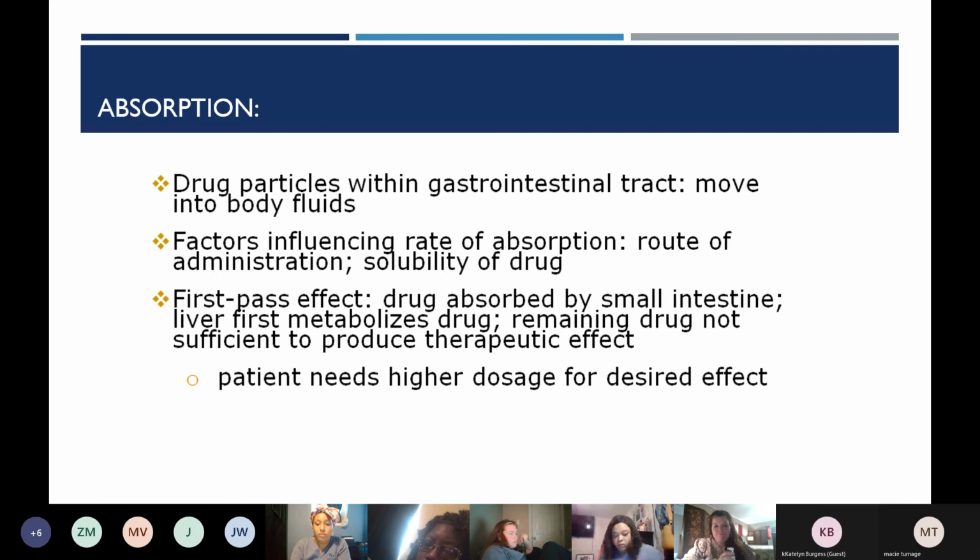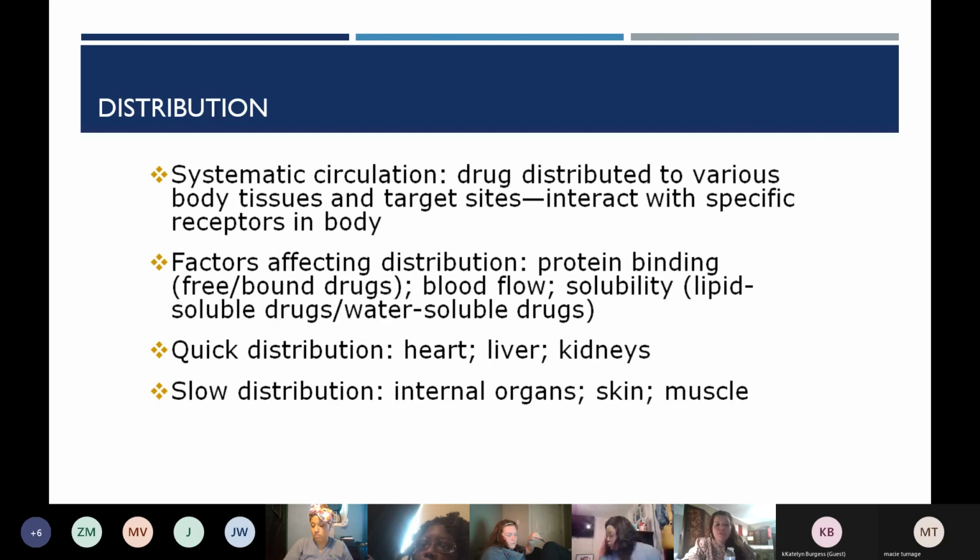What body system? The blood? Yep. You said it, and then somebody typed it in the chat too. Circulatory, yes. So our circulatory system, our lymph and our blood is responsible for the distribution of our medications, okay?